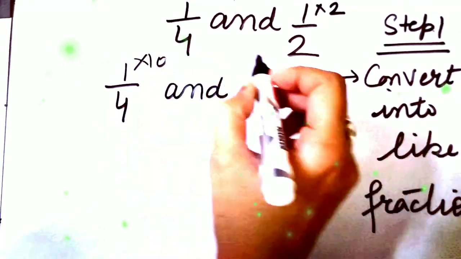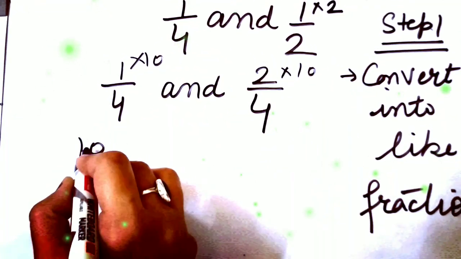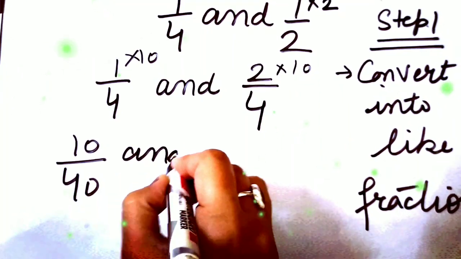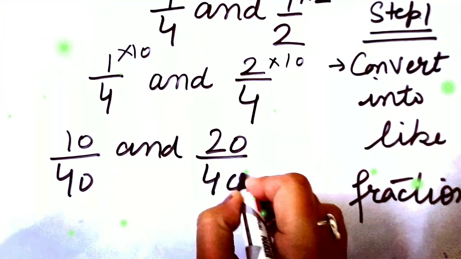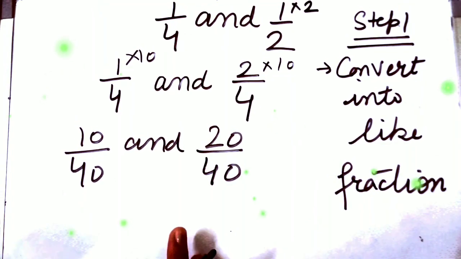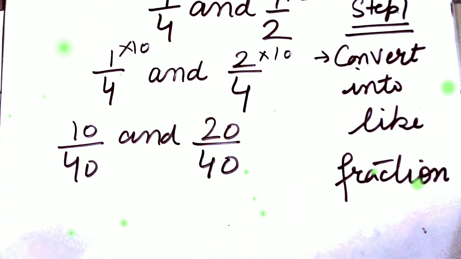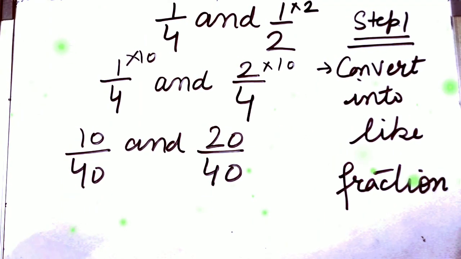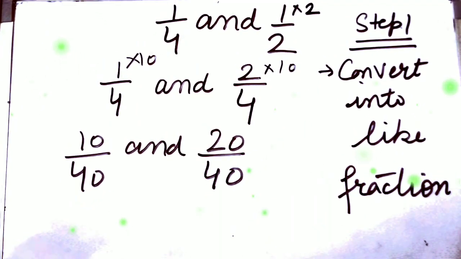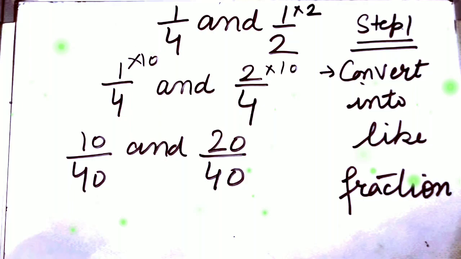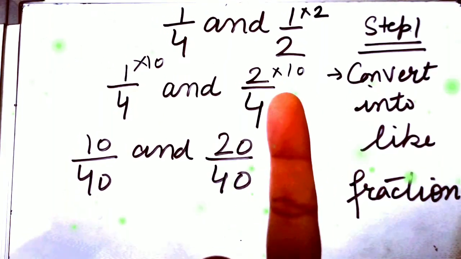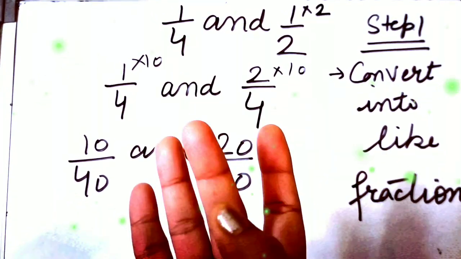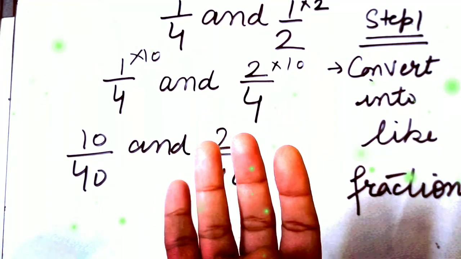We have to multiply it by 10. So it will be 10 over 40 and 20 over 40. Now if I see 10 over 40 and 20 over 40 and I tell you to find out 10 rational numbers between them, then you will see that between 10 and 20 there is 11, 12, 13, 14, 15, 16, 17, 18, 19.